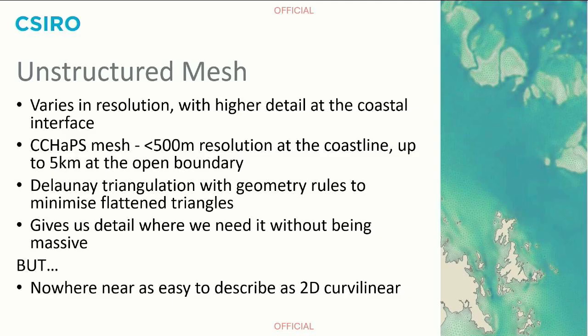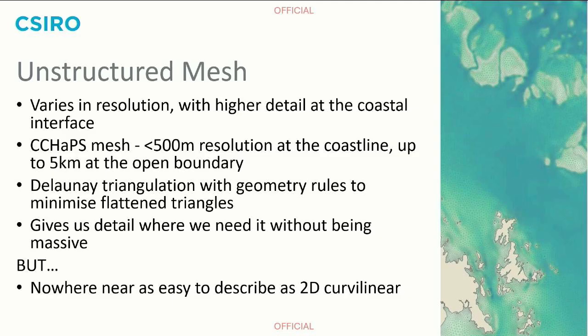In some areas tighter than that, where we needed to maintain estuarine flow through river mouths and stuff, it was often down to 100 meters, and up to 5 kilometers at the open boundary. There's a bunch of rules in the triangulation process to ensure that none of the triangles are super narrow or anything like that, so you get a realistic sort of surface.